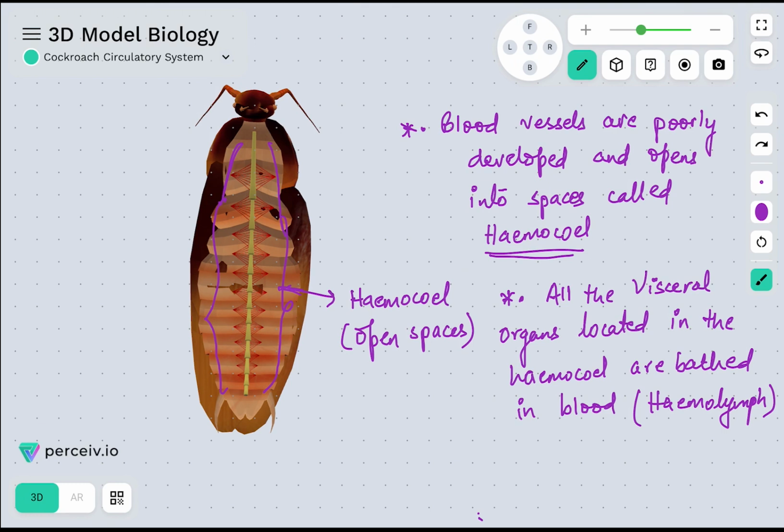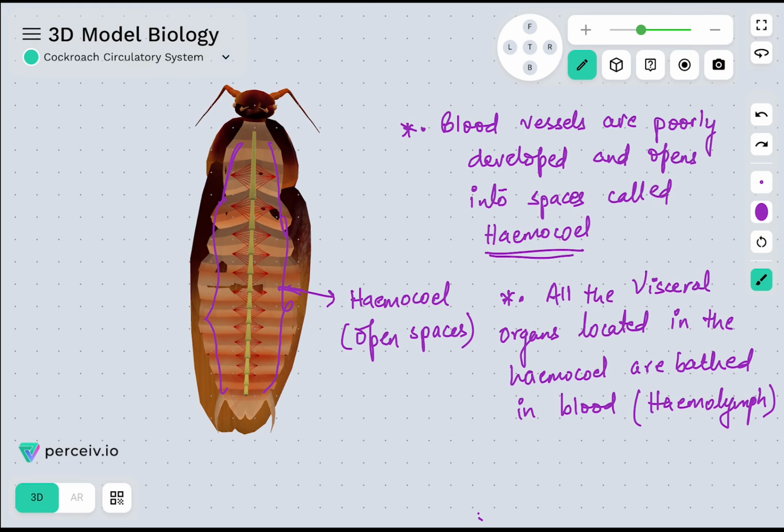And hemolymph is a combination of the colorless plasma along with the hemocytes, that means all the cells present in the blood.